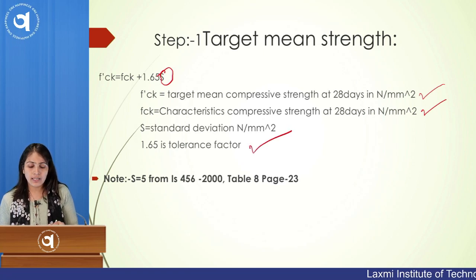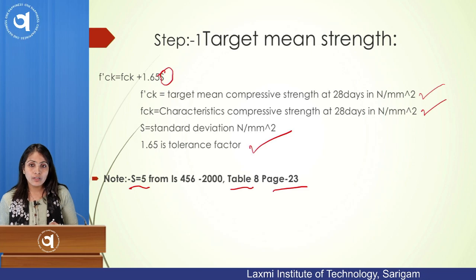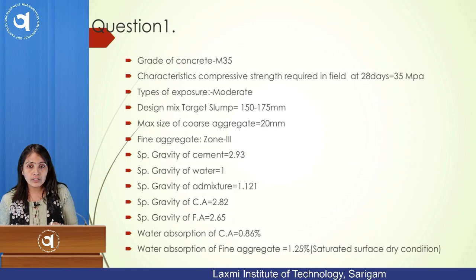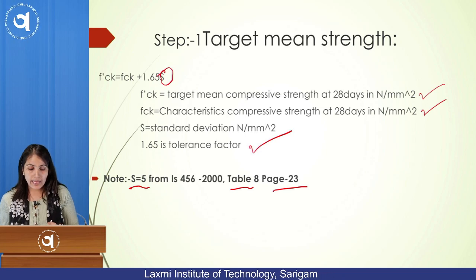This I am not saying, but according to your Indian Standard Code IS 456:2000, if you visit table 8 on page 23, you will find S. For what? For your M35. We have mix M35, you can see here in the question. So in table 8 of page 23, you will find the standard deviation S is 5.